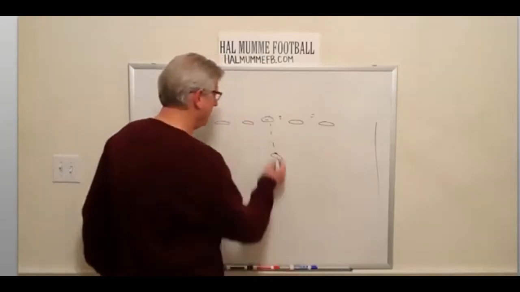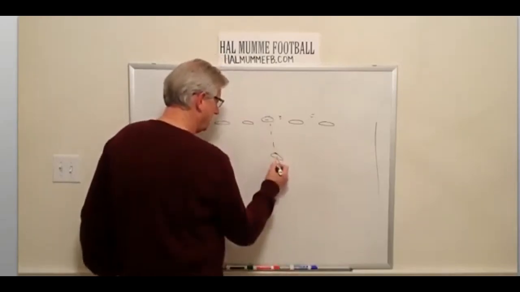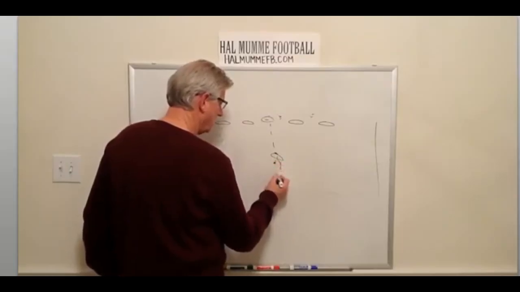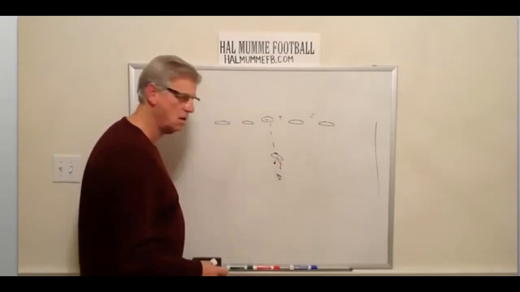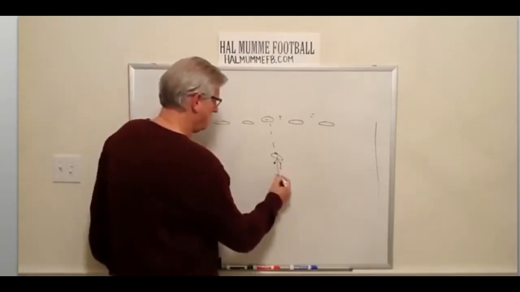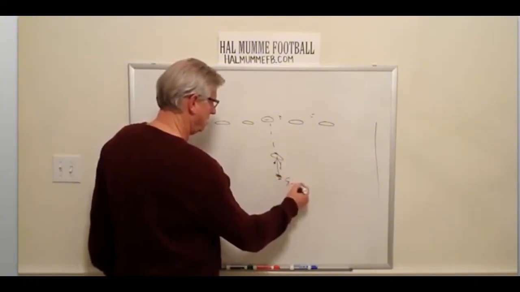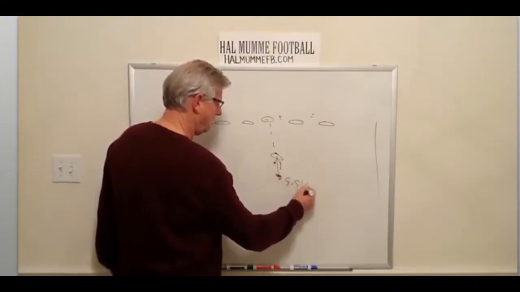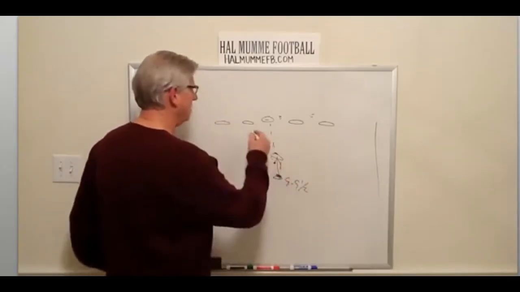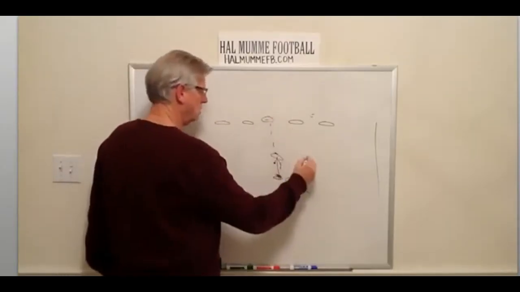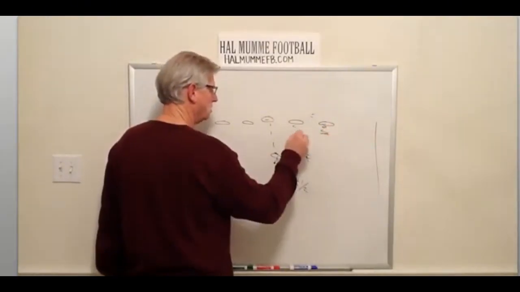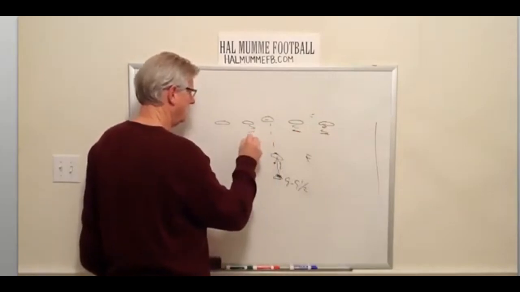Sometimes we even deepen him up from that. And then on the snap, if he's a right-handed passer, he's going to go left, right, left, and set. So he's going to end up here at about 9 to 9.5 on his drop and his depth.